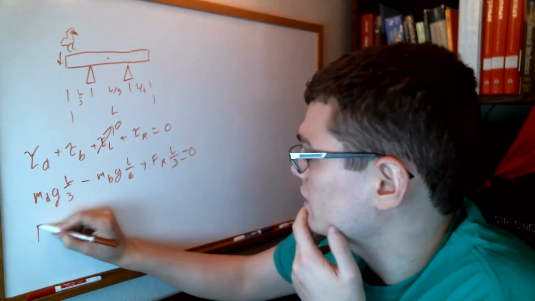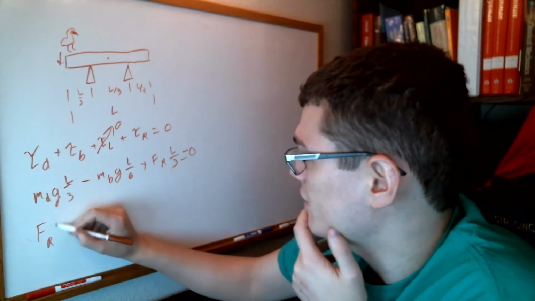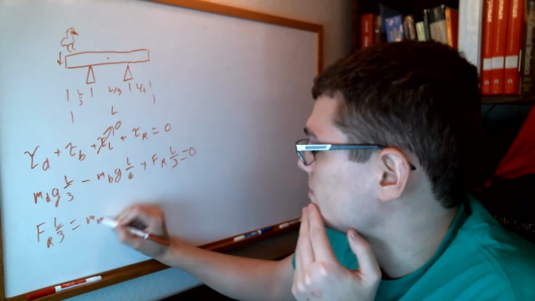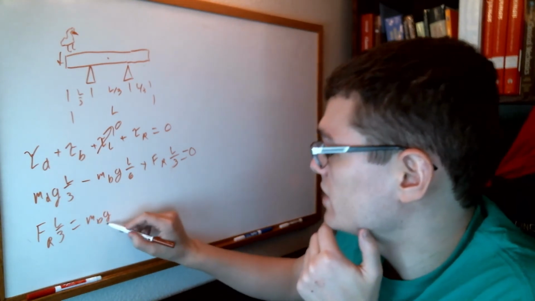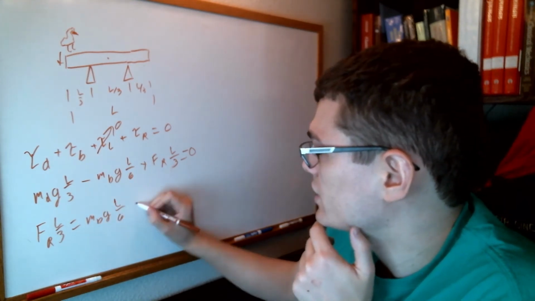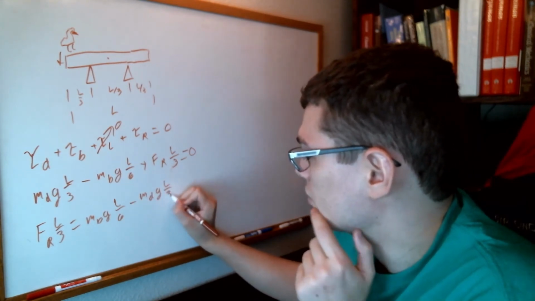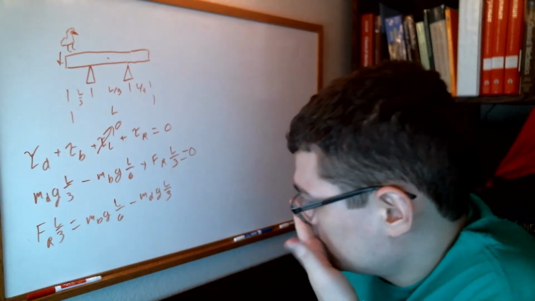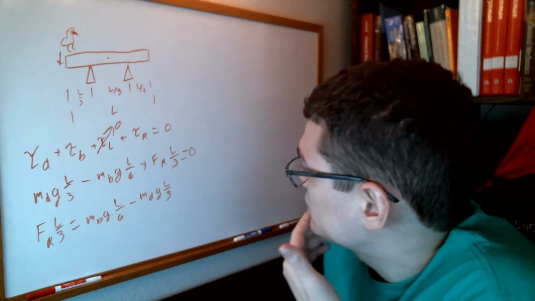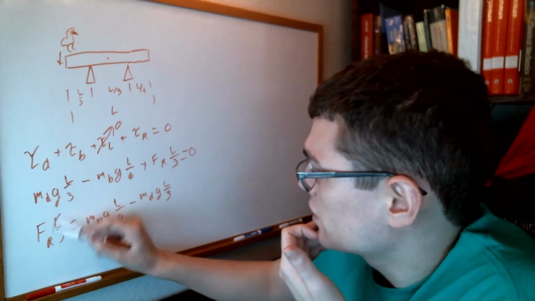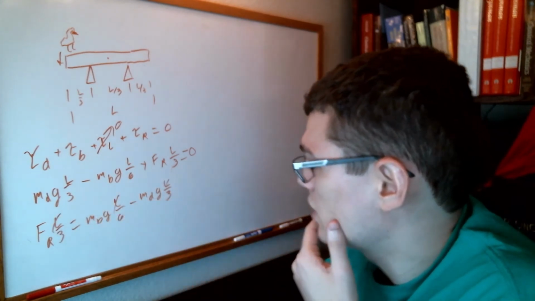So let's get this all on one side. So FR L over 3 is going to equal MB G L over 6 minus MD G L over 3. And so now we can get rid of the L's. The L's are all gone.